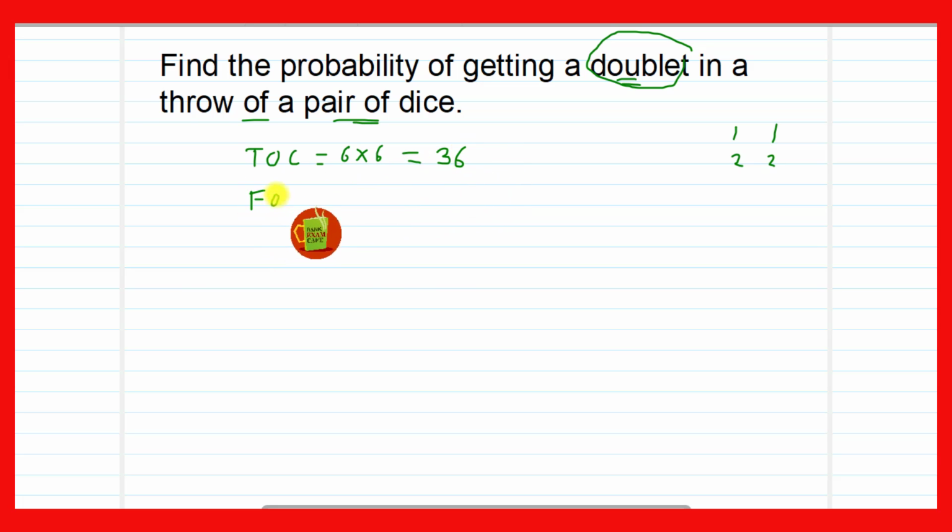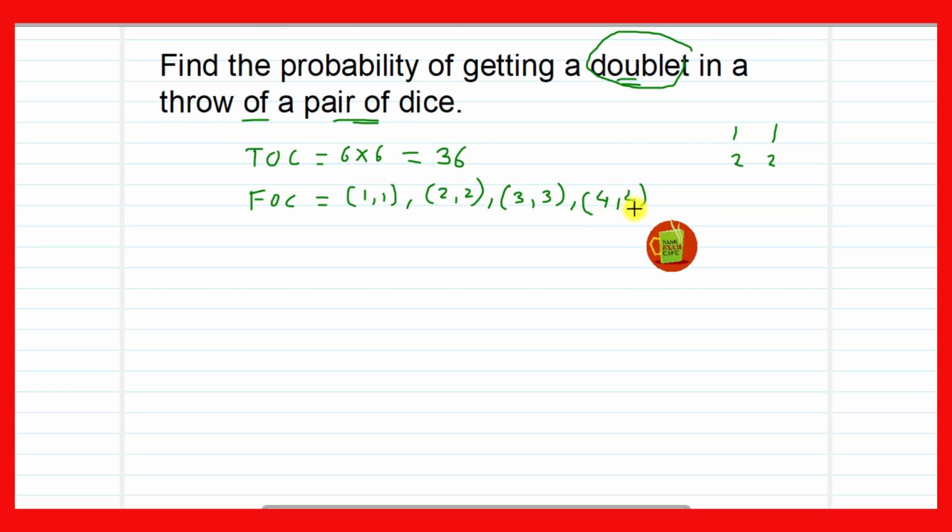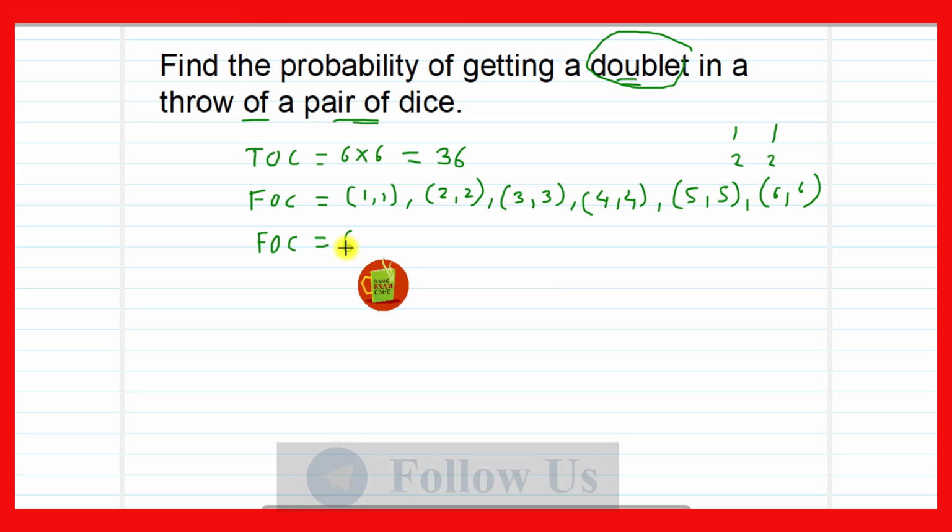Now the favorable outcome will be what? 1, 1, then 2, 2, then 3, 3, then 4, 4, then 5, 5, and then 6, 6. These all will be the doublets. How many doublets are there? 1, 2, 3, 4, 5, 6, and therefore the favorable outcome is equal to 6.